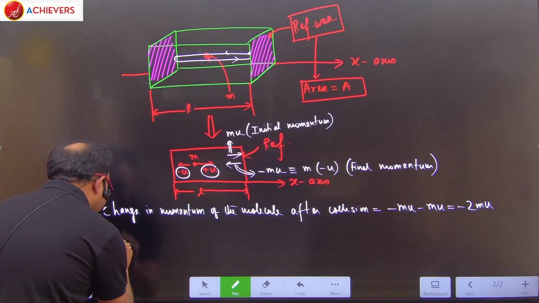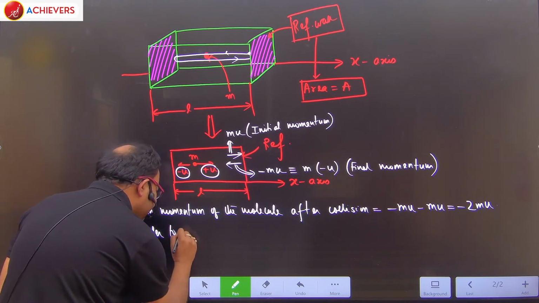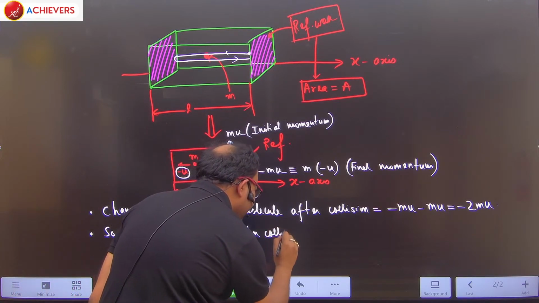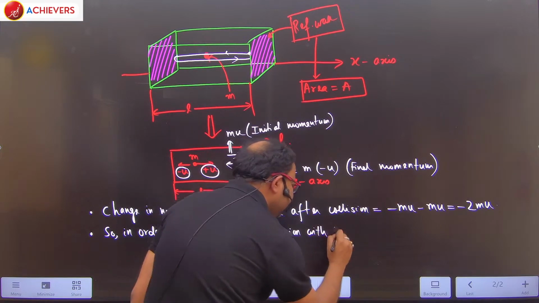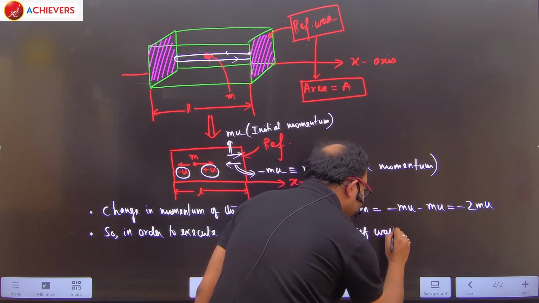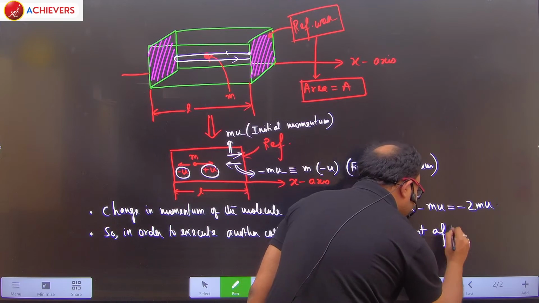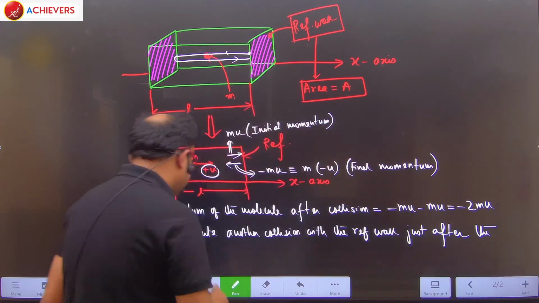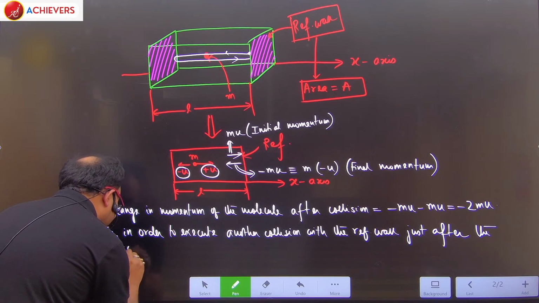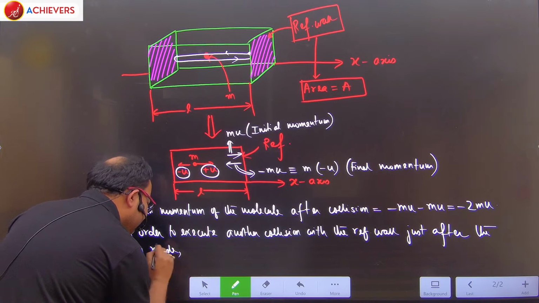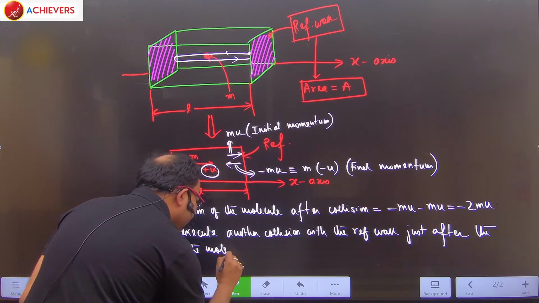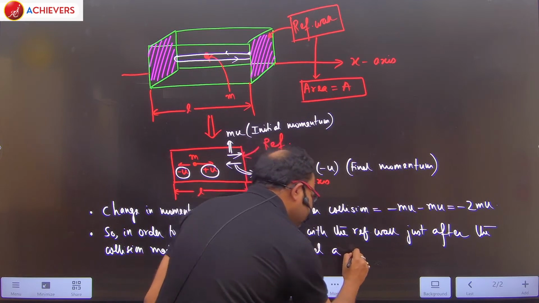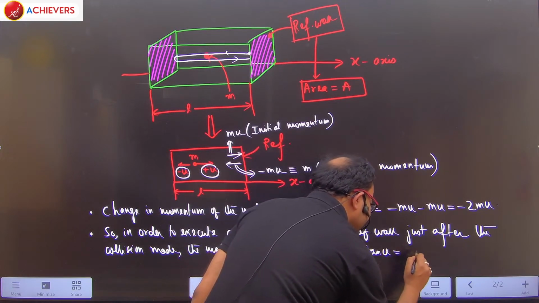So in order to execute another collision with the reference wall just after the collision made, the molecule has to travel a distance equal to 2L.